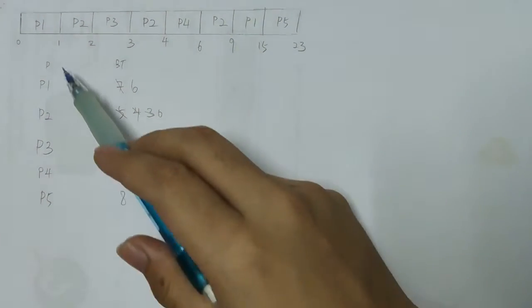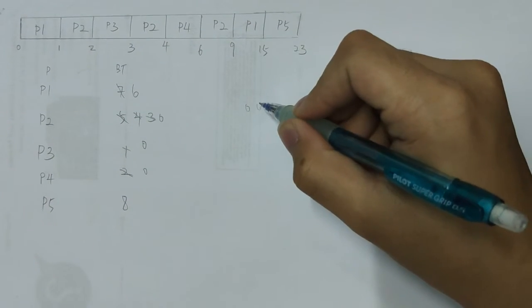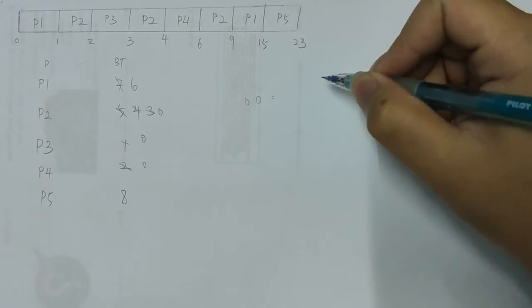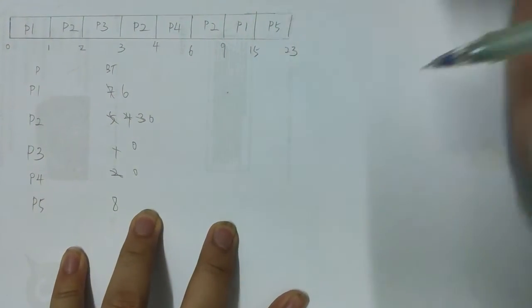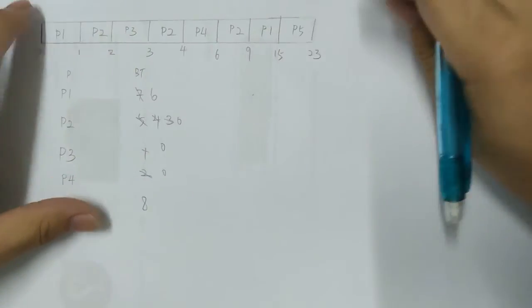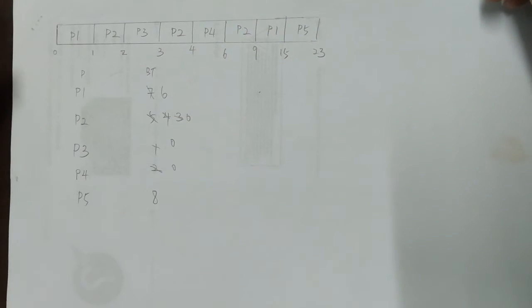For example, process 1 arrived at 0, and its beginning time is also 0, so its waiting time equals 0. However, the difference between preemptive and non-preemptive scheduling is that in preemptive scheduling the process needs to be interrupted to give a chance to another process which has a shorter burst time to execute first.